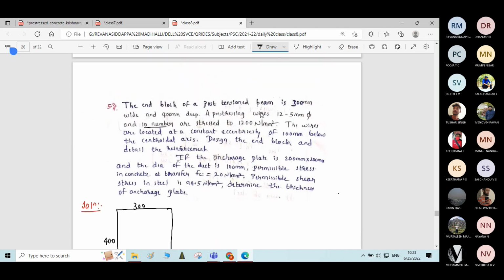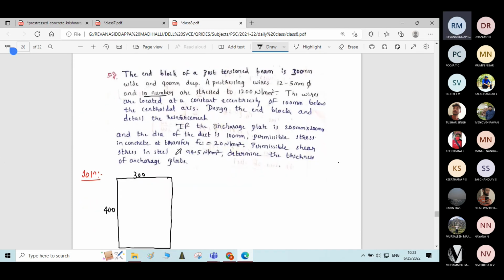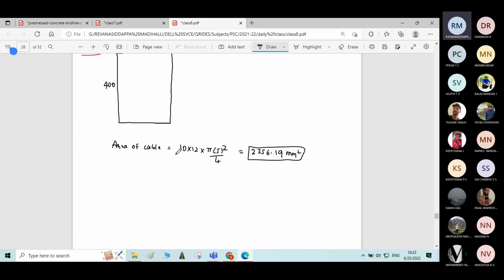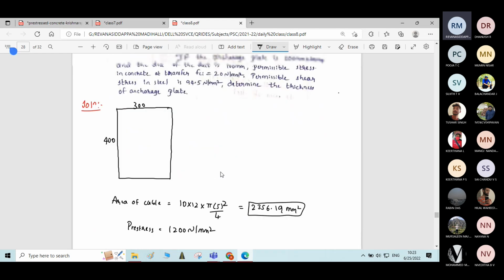Okay, then pre-stress in the steel is given 1200 Newton per mm square. Pre-stress is equal to 1200 Newton per mm square.